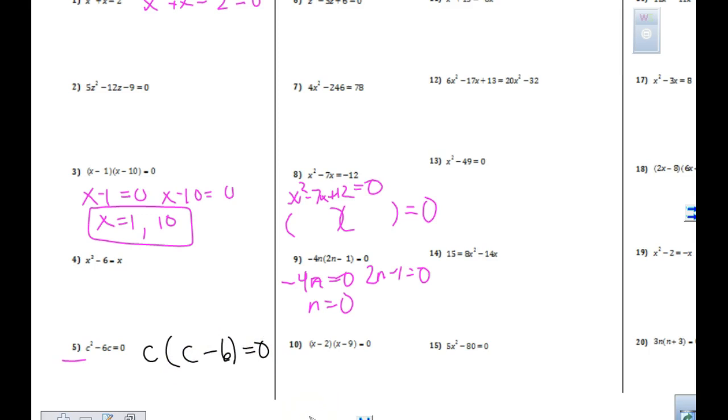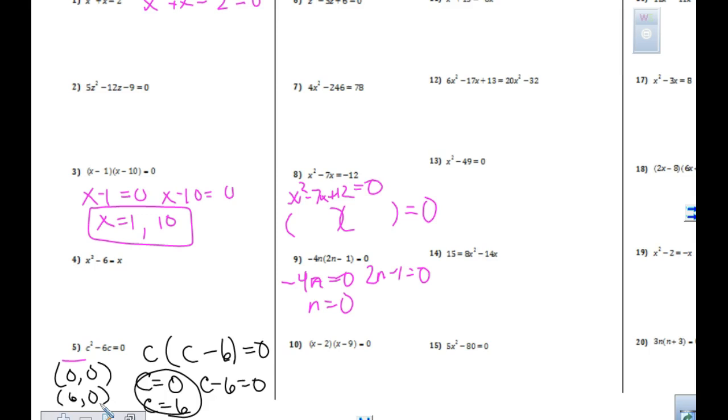If you factor out your greatest common factor, when I look at my solution for this, one answer is C equals 0, C minus 6 equals 0. So C equals 0, C equals 6. If I would have asked you to leave it as an ordered pair, you would have said (0, 0) and (6, 0). They are the x-intercepts, not y-intercepts. So some of you did that wrong on your project. Some of you forgot to put ordered pairs as you were looking at that.